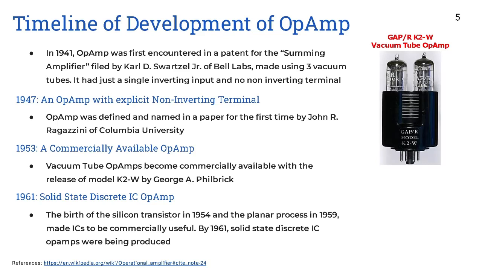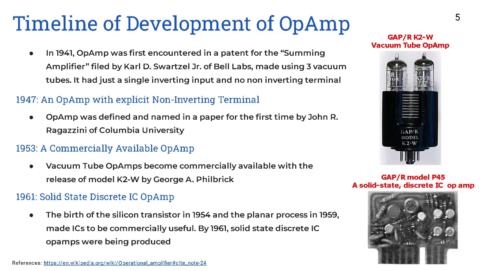So by 1961, the first solid-state discrete IC op-amps were being produced. And on the right, you can see a picture of the GAP/R P45, a solid-state discrete IC op-amp. This P45 had a gain of 94 dB, and it was intended to deal with signals in the plus or minus 10 volt range.